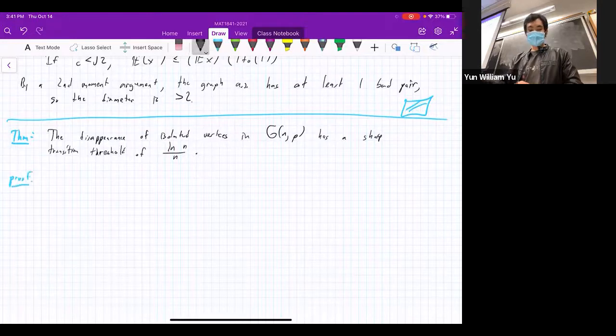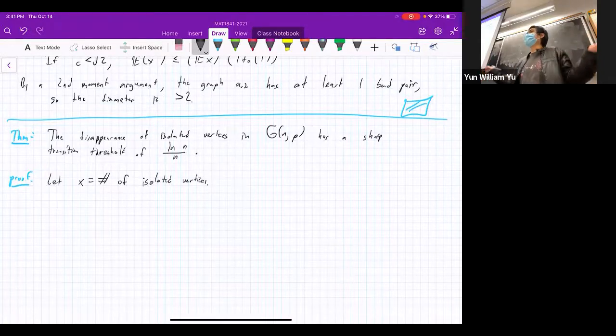As I said, this is a relatively straightforward application of the techniques we've been studying. Let X be equal to the number of isolated vertices. So what's the expected number of isolated vertices as a function of n and p? What's the probability that a single vertex is isolated? 1 minus p to the n minus 1.